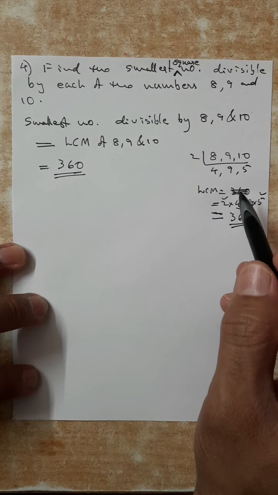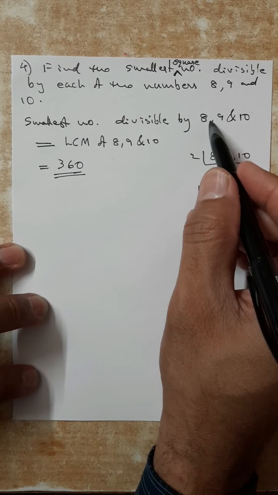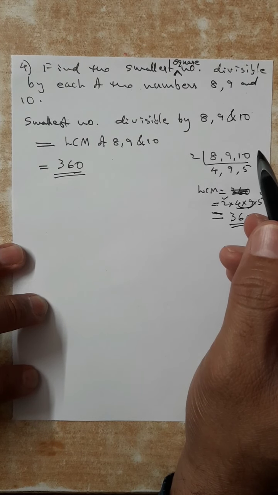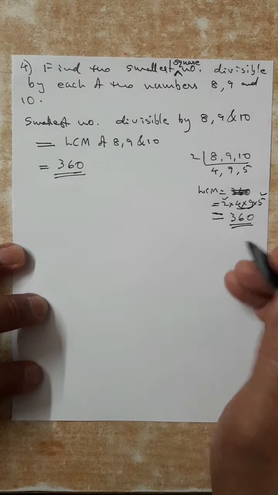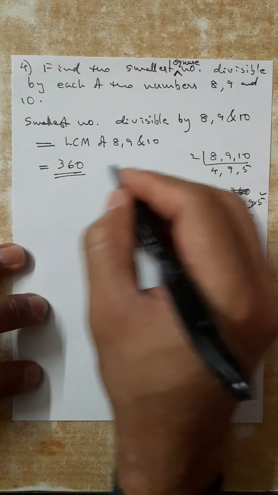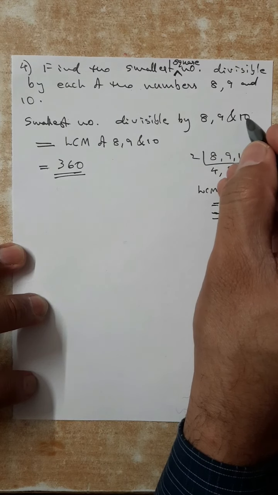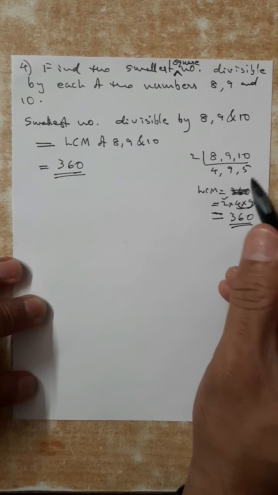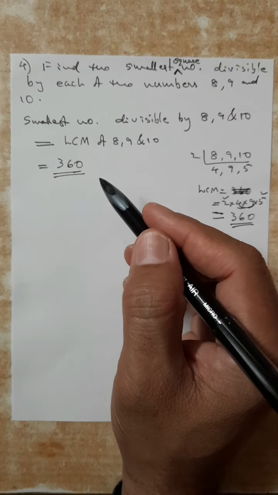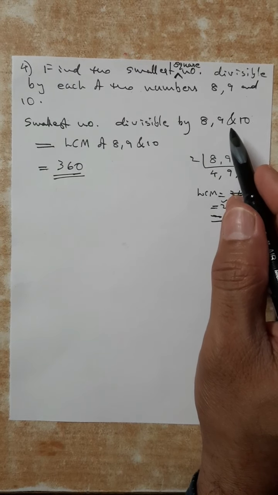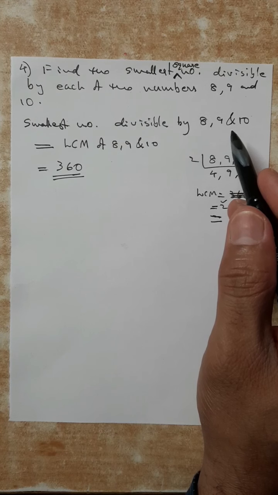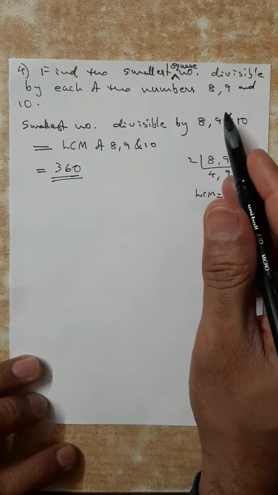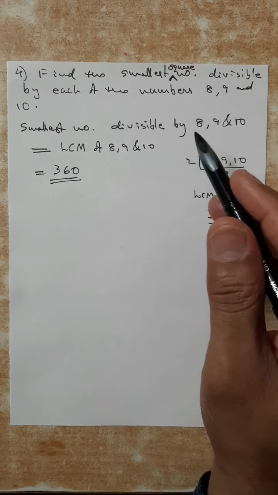360 by 8 we get 45, so 45 times 8 will go, divisible by 8 also.